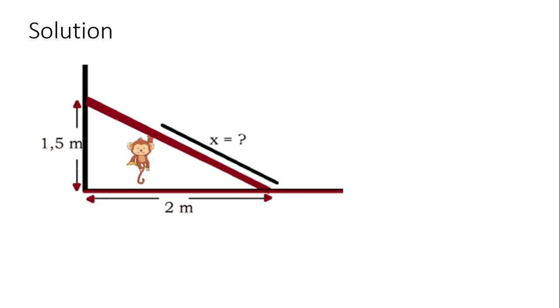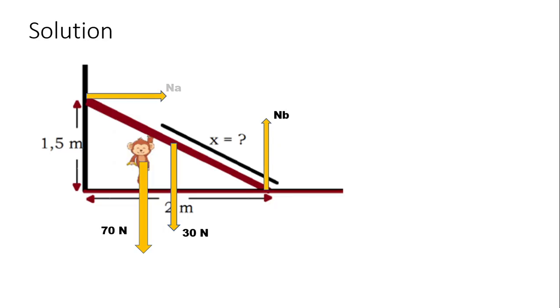Okay, first of all, always start with the force diagram. You cannot start with anything else. Using the force diagram, the weight of the monkey is 70 Newton, the weight of the rod is 30 Newtons. Because of that, we have the normal force at B and the normal force at A. We also know that the friction works to the left side, which means the stick will move to the right and the friction will hold it.